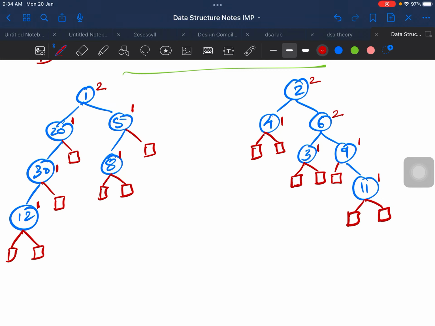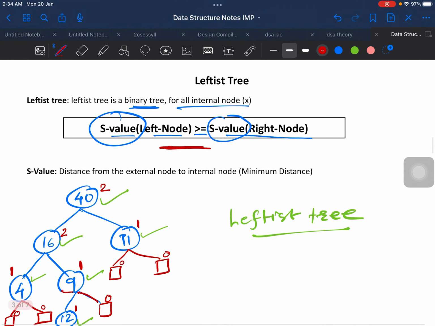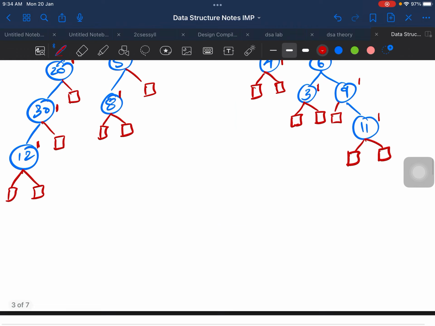Now guys, let's check whether both the trees are following the property of S values, whether it is a leftist tree or not. Okay, so what is the property of a leftist tree? S value of left node is greater than or equal to S value of right node.